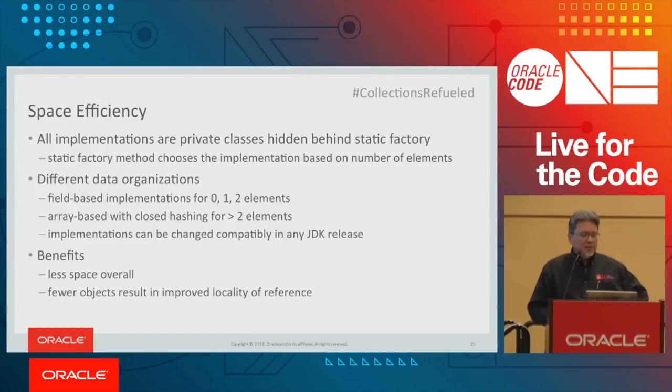Okay, so another characteristic of the new collections, at least particularly for set and map, is that they are much more compact than the existing ones. If you've ever looked inside of a hash map, it's actually pretty amazing how many little objects it creates inside there.